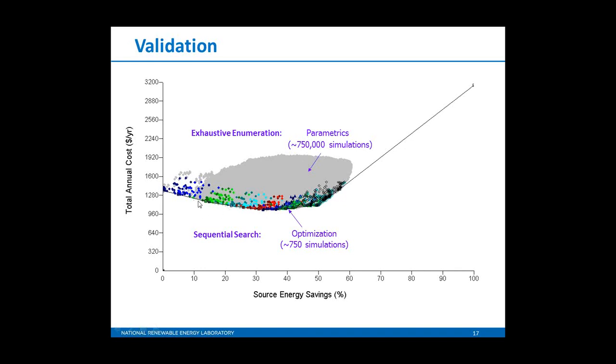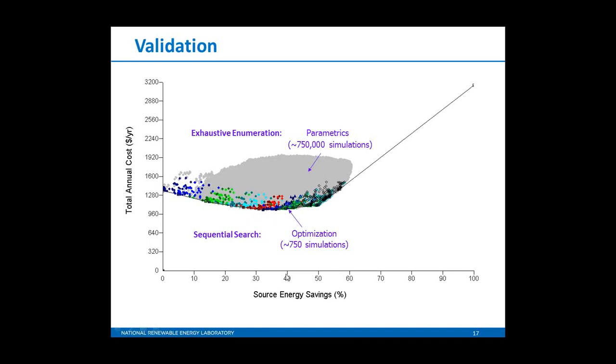And again, the important things to note are that, A, the sequential search has done a very good job at finding low-cost building designs. There are no gray points that are significantly below this low-cost curve. So that's great. That means we found some very good cost-effective building designs.